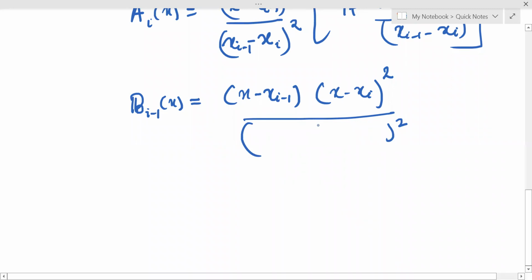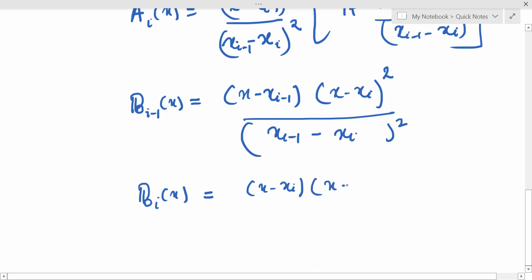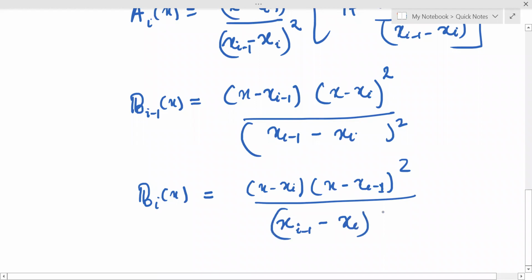It is divided by x_{i-1} minus x_i whole square. b_i(x) is x minus x_i into x minus x_{i-1} whole square, divided by x_{i-1} minus x_i whole square.